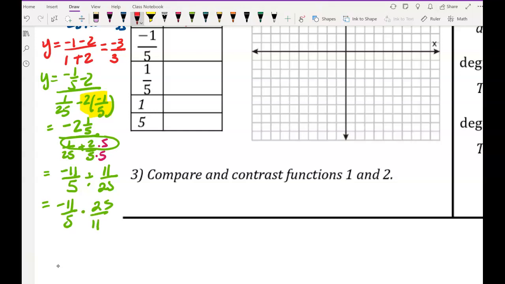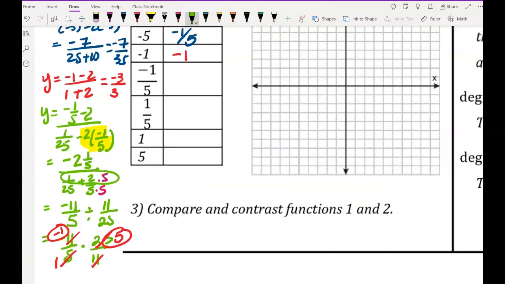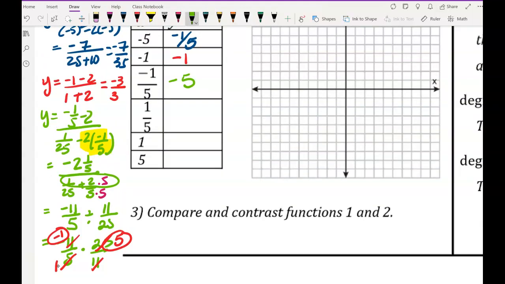Some of this is going to reduce. This is what we've been working on all this unit. So your final answer, student, is -1 times 5, which is now a -5 for the -1/5. I would like you to take a couple minutes to work out the remaining y values. Once you're done, hopefully you got 5 here, 1 here, and 1/5 here.